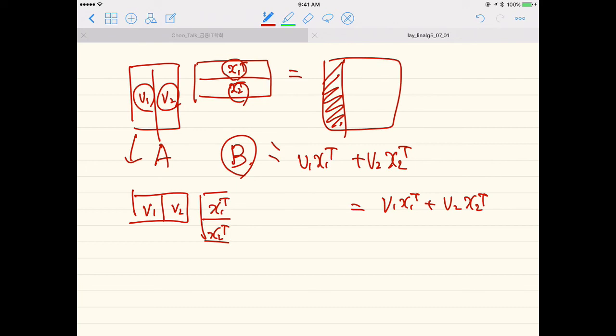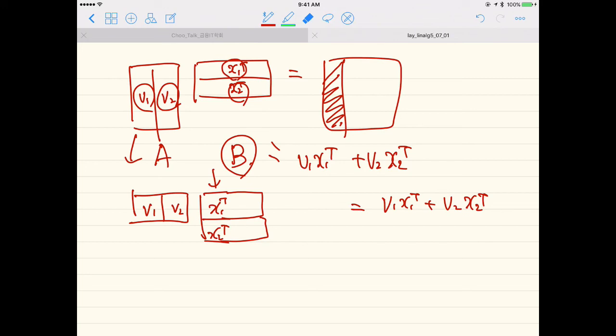Now let's gradually increase the length of the vector. Looking at the x1 and x2 part, instead of single values we now have two-dimensional vectors, x1 transpose and x2 transpose.